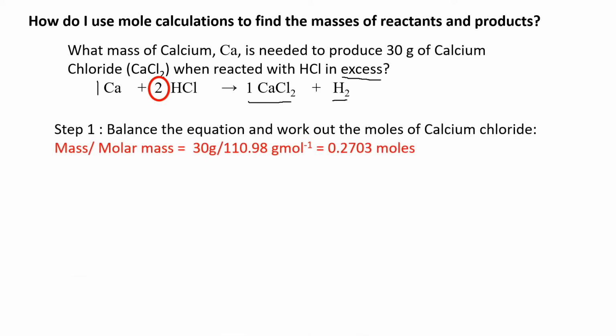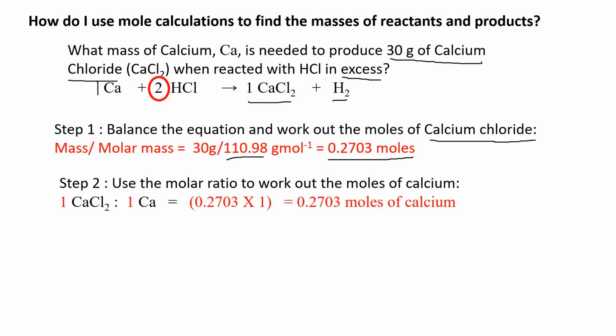So step 1 is you balance the equation and you work out the moles of calcium chloride. Remember, you start with what has been given to you. So you have 30 grams of calcium chloride divided by the molar mass of calcium chloride, which is 110, gives us 0.2703 moles. Step 2, you use the molar ratio to work out the moles of calcium.